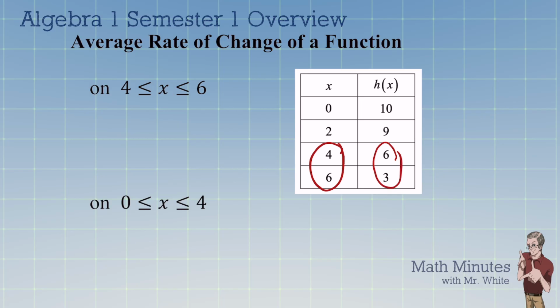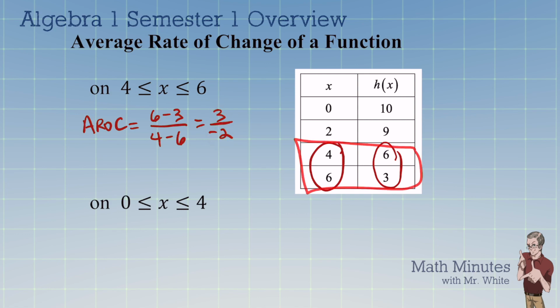So the average rate of change would be the y value subtracted, 6 minus 3, all divided by 4 minus 6. This is the average rate of change. And this would be 3 over negative 2. So it looks like it's going down 3 over 2, but only necessarily between 4 and 6.